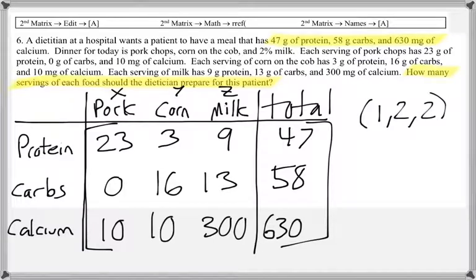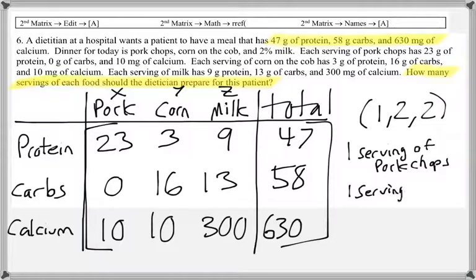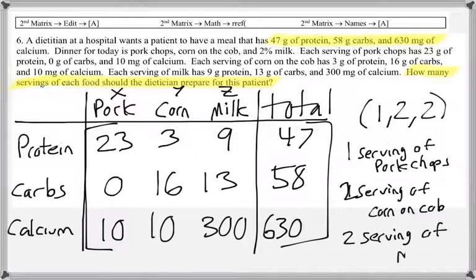And that corresponds to 1 serving of pork chops, 1 serving of corn on the cob, or sorry, 2 servings, my bad, 2 servings of corn on the cob, and 2 servings of milk.